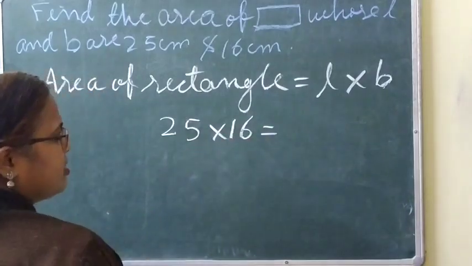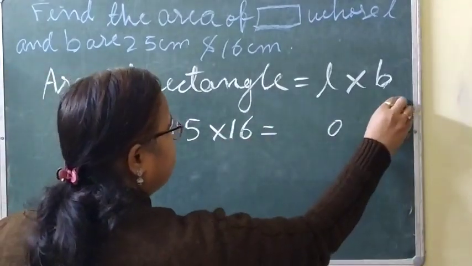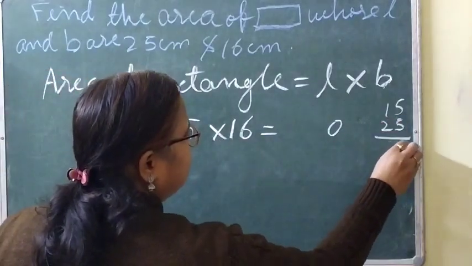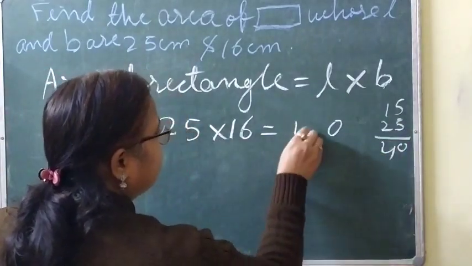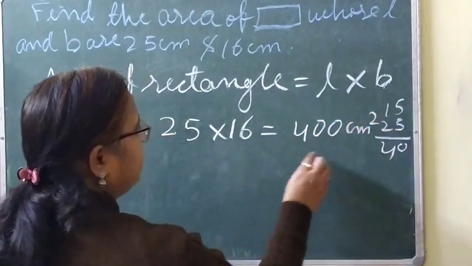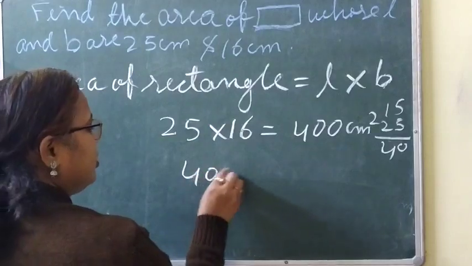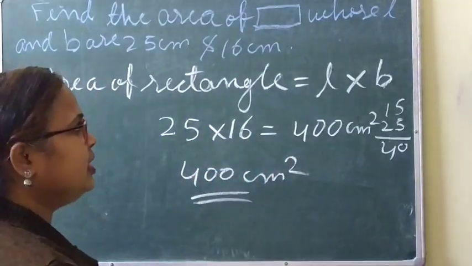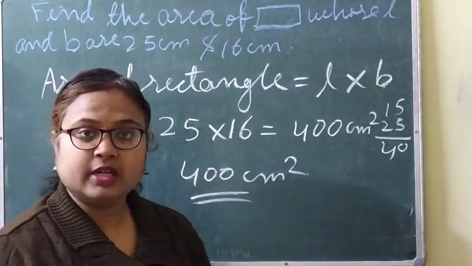So 25 6s are 150, 0, 15 here. Then 25 ones are 25 and 15. This will be equal to what? 2 and 1, 3 and 1, 4. Means 400 square centimeter. So answer will be what? 400 square centimeter. Clear? Now let's do the next question.